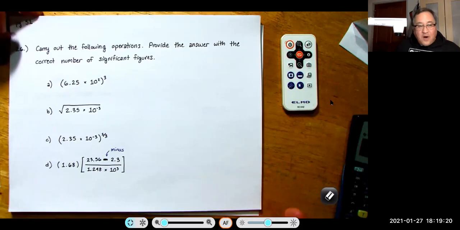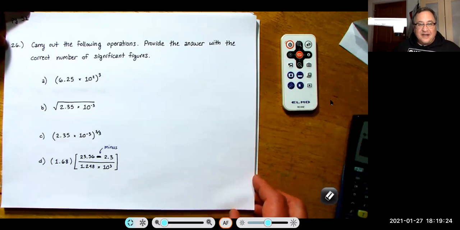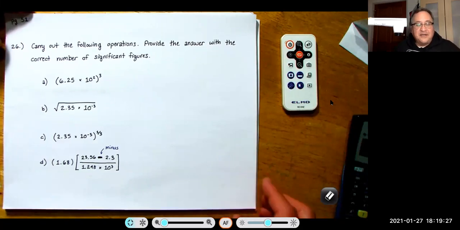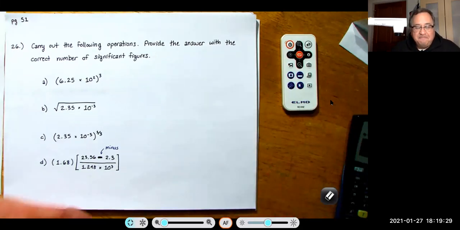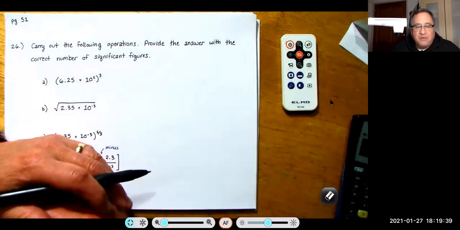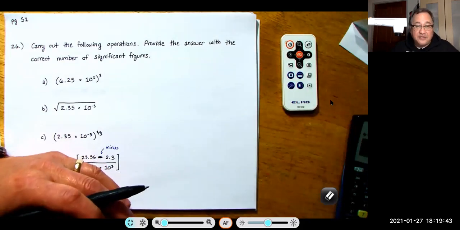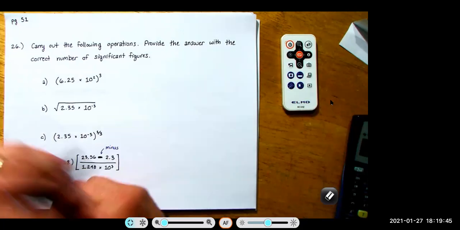And I don't want to see how you used your calculator. It's your responsibility to be able to use your calculator correctly. Okay, so the answer to your question is, I'm not going to ask you to show the math work, but when it comes to manipulating equations, I may ask you to show that work. Okay, so especially with conversion factors, I expect to see the work, not just the answer.